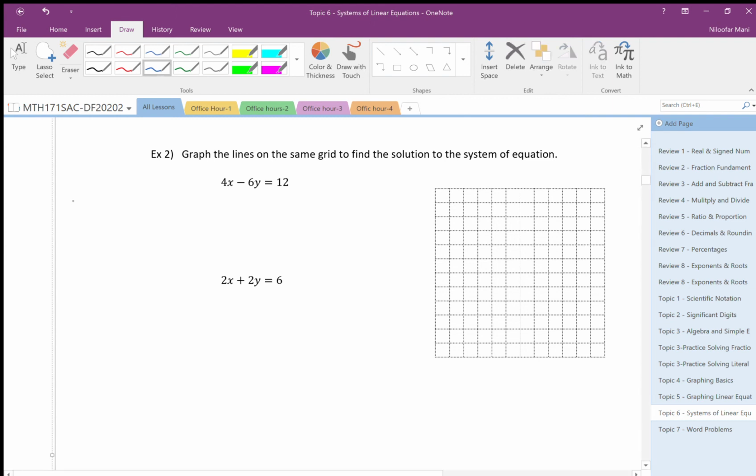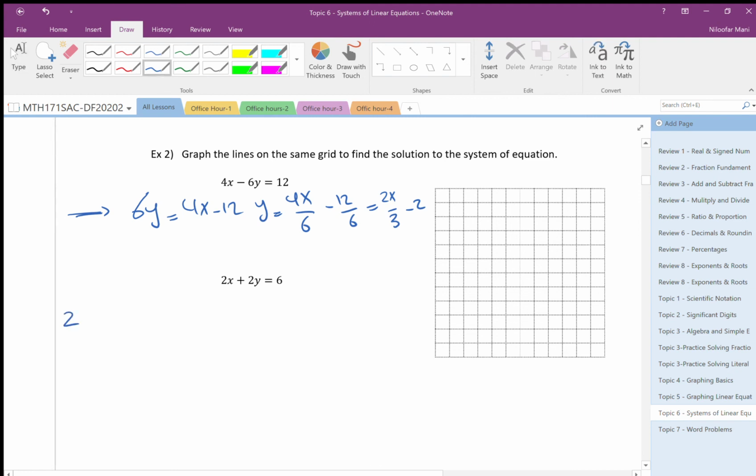For this one I can change minus 6y to the other side. So 6y is 4x minus 12. y is 4x divided by 6 minus 12 divided by 6, which is 2x over 3 minus 2. Okay, perfect. And how about that?